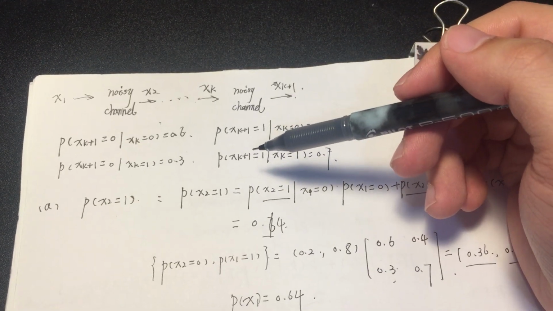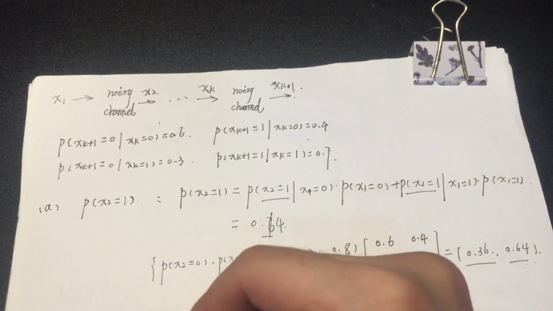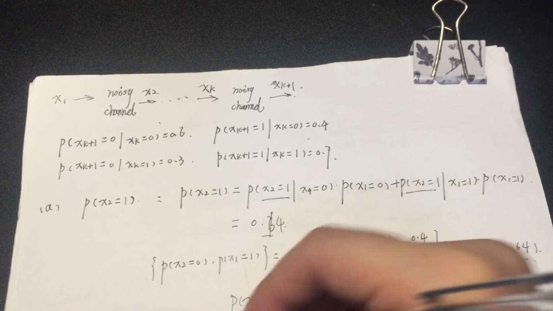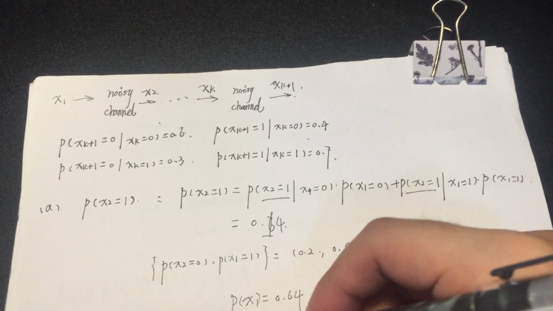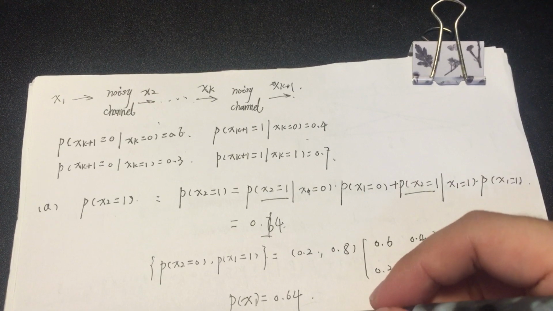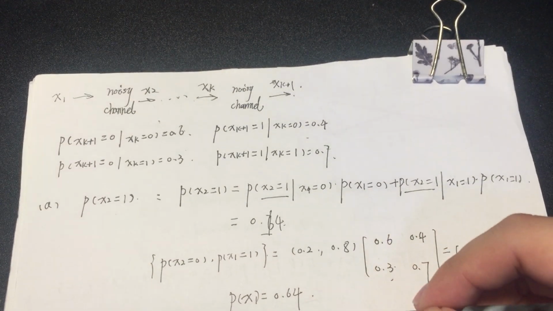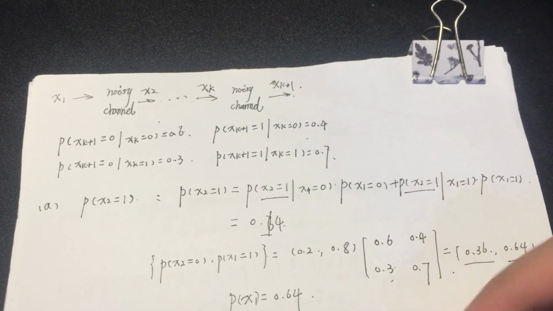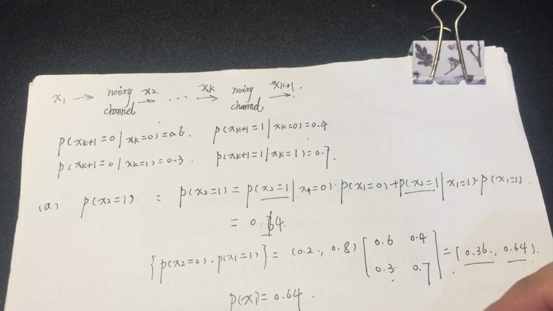So we just need to take the result we calculated in the first question, multiplied by another transmission conditional probability matrix, to calculate the result of question 2.